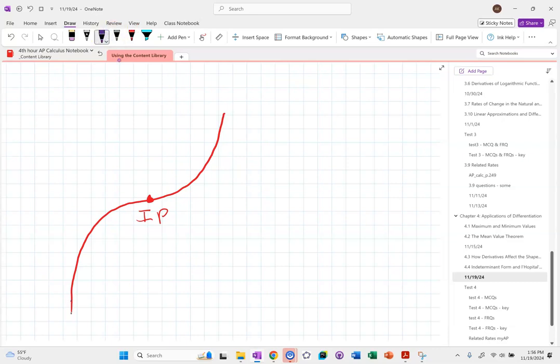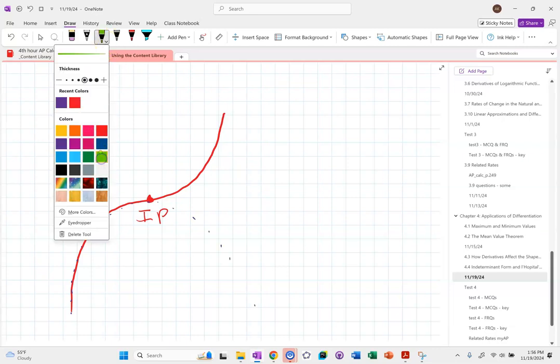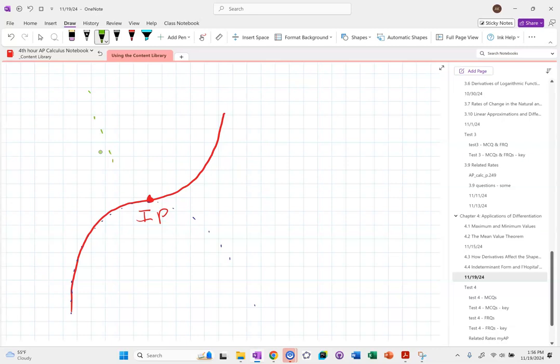Because the graph is concave down looking from there, and it's concave up afterwards, right? So our possible inflection points are going to be the place where the second derivative is equal to 0, and we have a sign change.